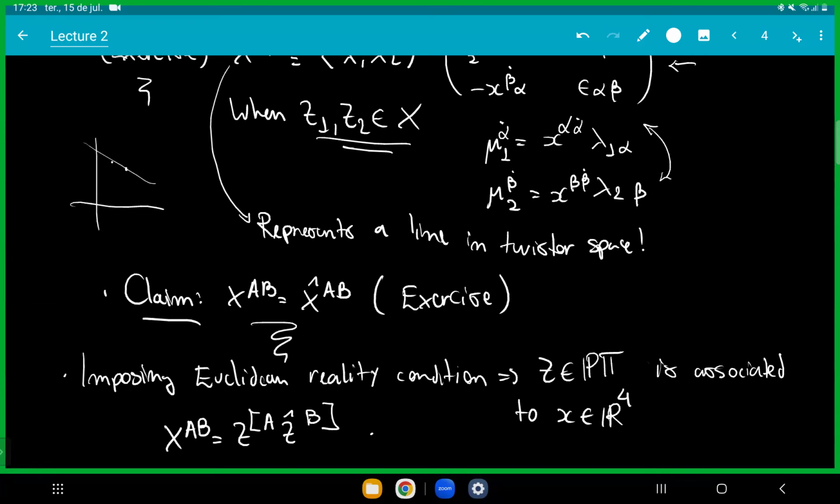The specific lines which have this form, constructed from a Twistor and its hat conjugate, correspond to a point in Euclidean space. So a line in this space with this reality condition corresponds to a point in Euclidean space.